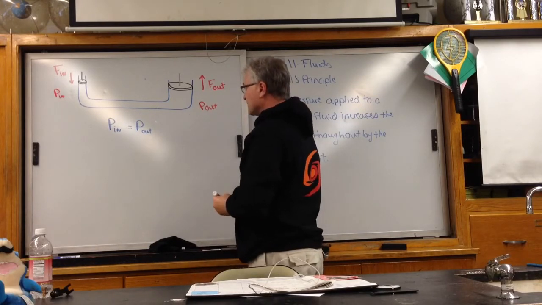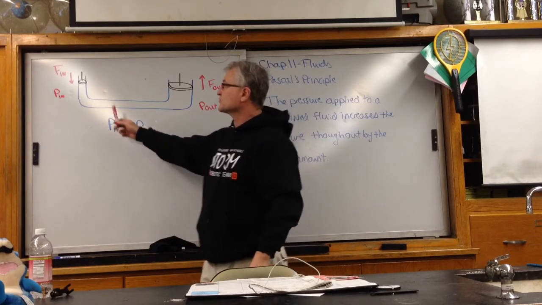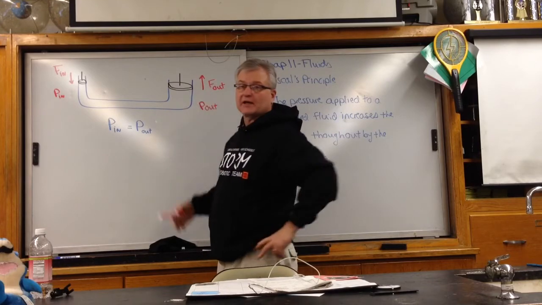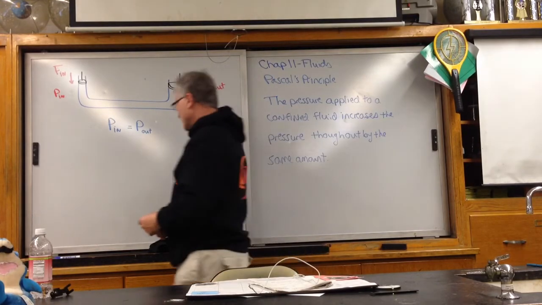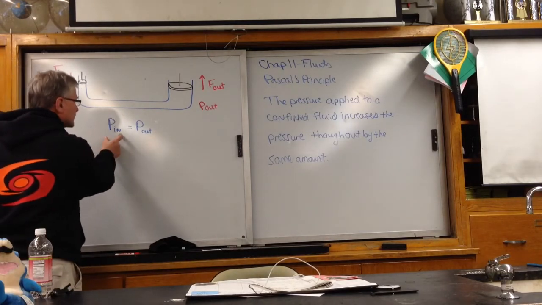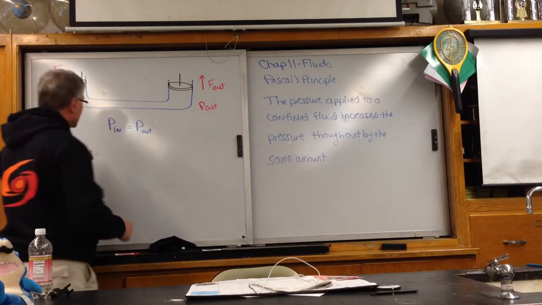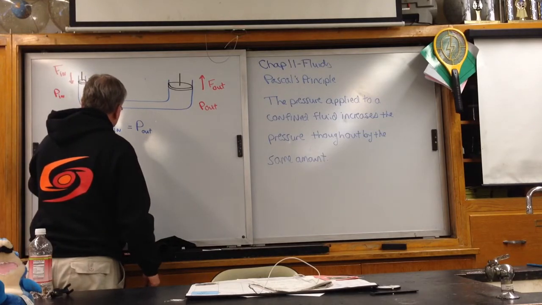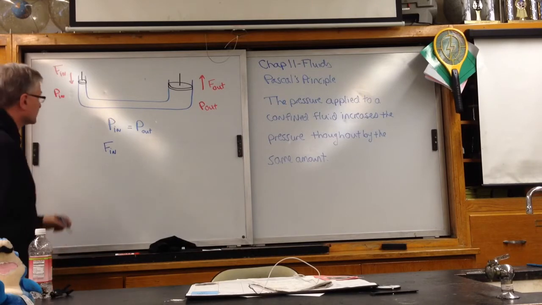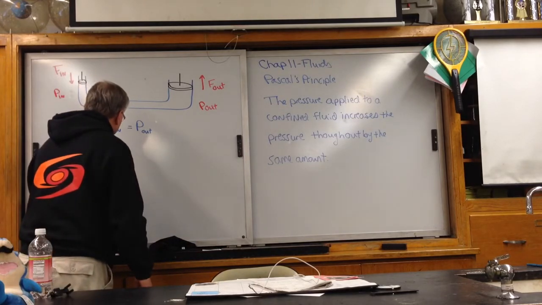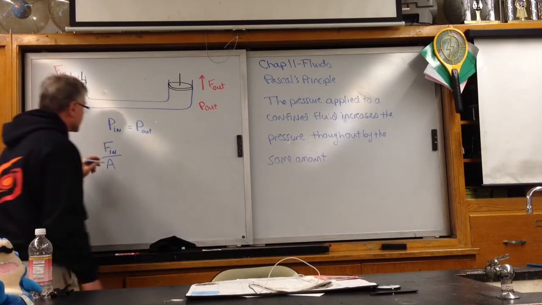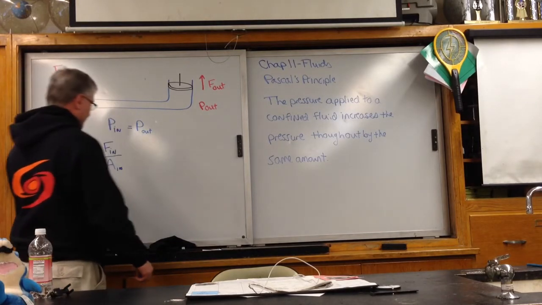All right, now we know a couple things about pressures. If the pressure on this side is equal to the pressure on the other side, then we can check out what the actual forces are. We know that pressure is equal to the force divided by the area. So in the case of the pressure in, P in, we're going to have the force in, that's how hard we push with our hand, divided by the area of the piston on the side that we pushed, which we'll call A in.